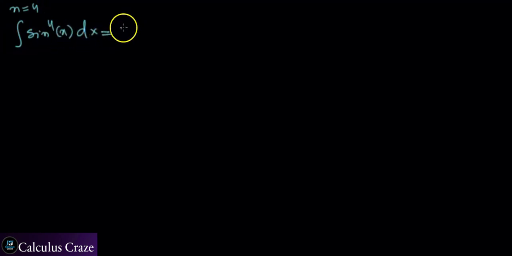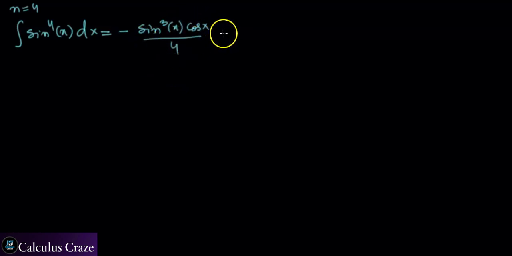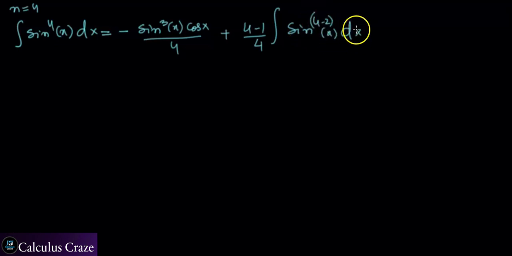So you will apply the formula: minus sine power, it was n minus 1, so it is going to be 3, x cos x divided by 4. Then we have plus n minus 1, which is basically 4 minus 1, divided by n, which is 4. Then the integral of sine power n minus 2, you mean 4 minus 2, of x dx, right?